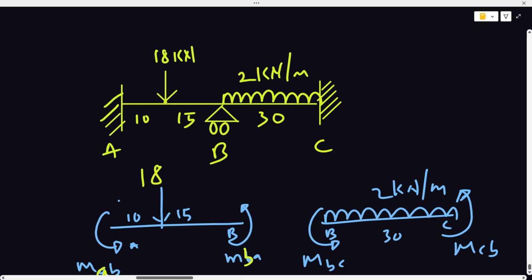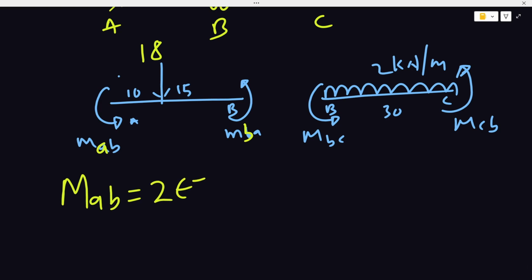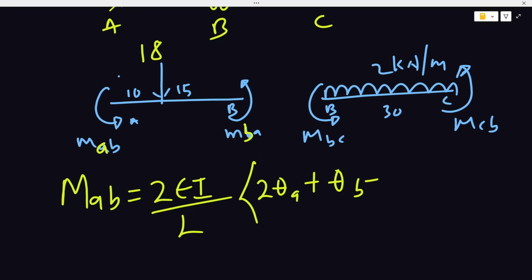Yes, 18. So writing down the expression, MAB will be equal to 2EI over L, open bracket, 2 theta A plus theta B minus 3 chord rotation, plus FEM AB.